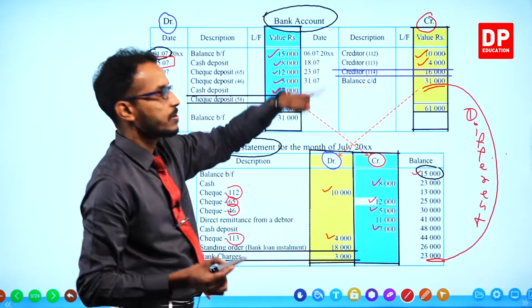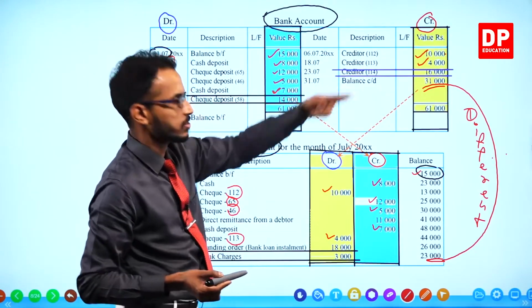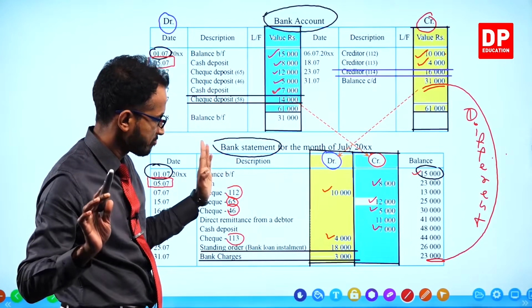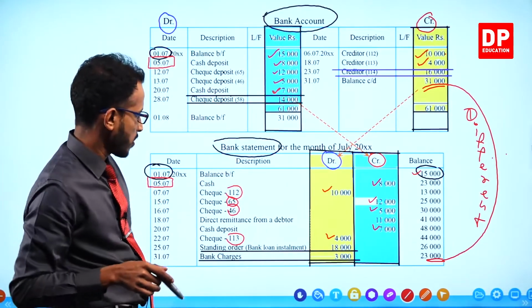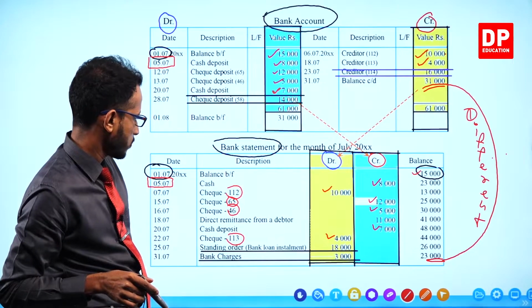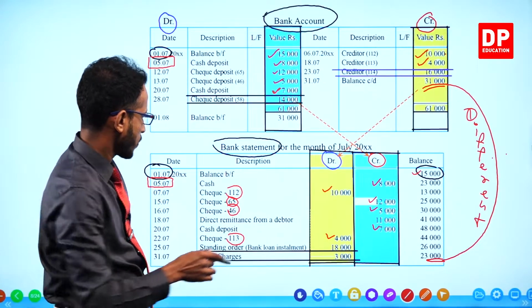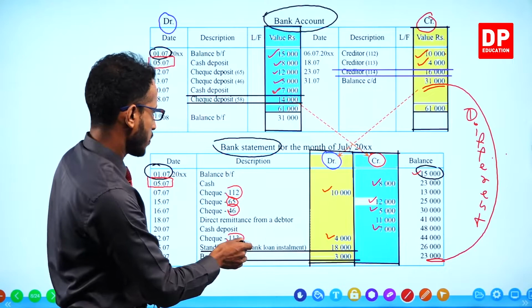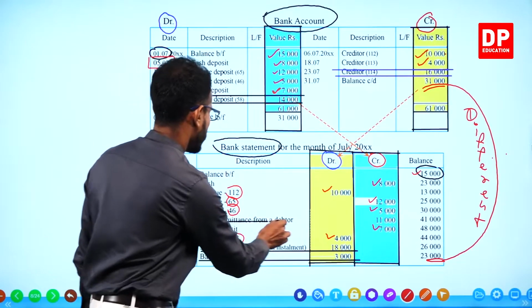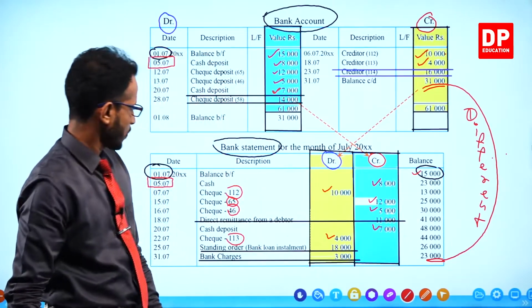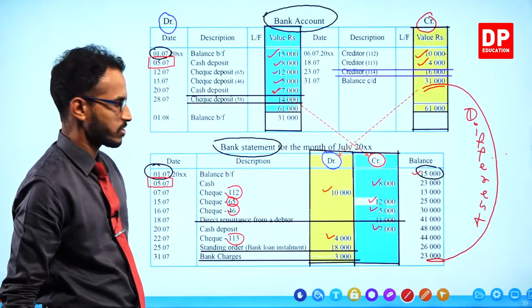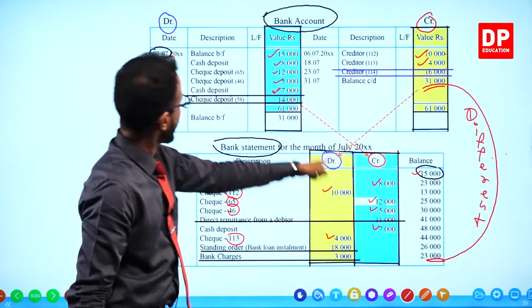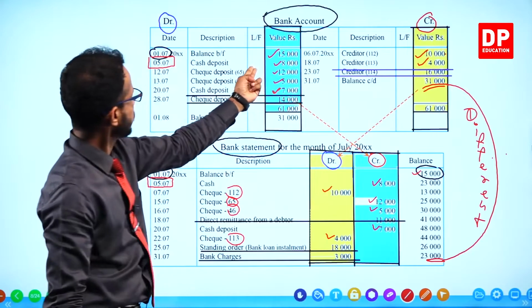It's not in our bank account. Now, one more is there, isn't it? This one, the direct remittance of 11,000. It's not in our bank account on the debit side.